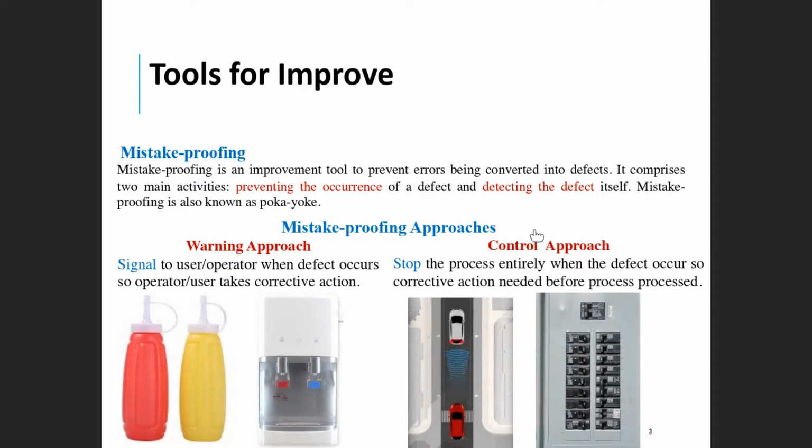As we stated, poka-yoke is meant for preventing errors from happening and being converted to defects. So that's the concept of poka-yoke. And what is the difference in the approach? One approach works by providing a signal to the user or operator when a defect occurs, whereas the control approach works by stopping the process entirely when the defect occurs.